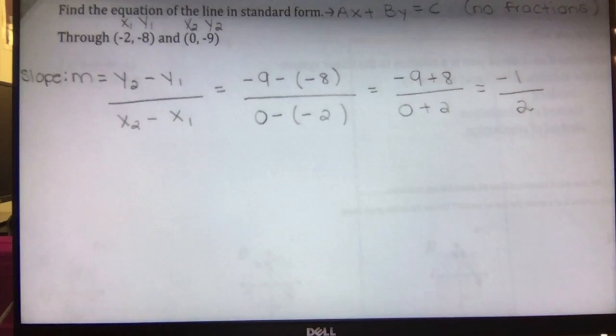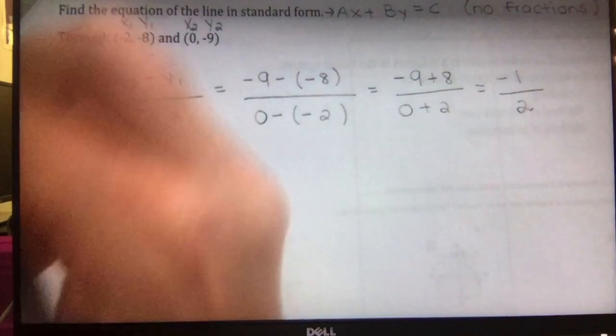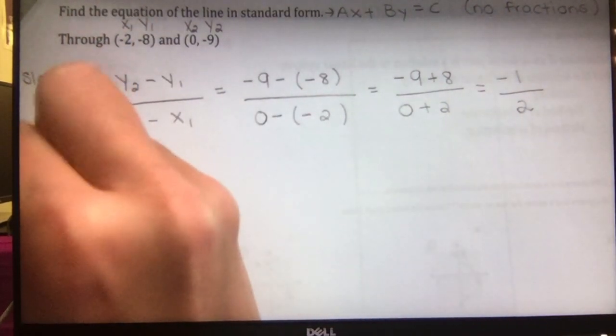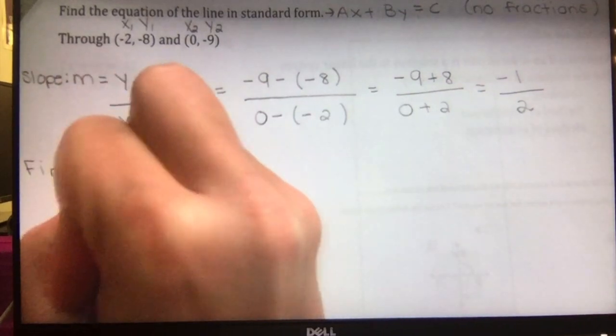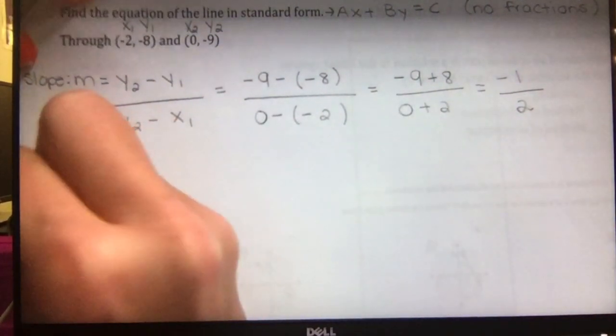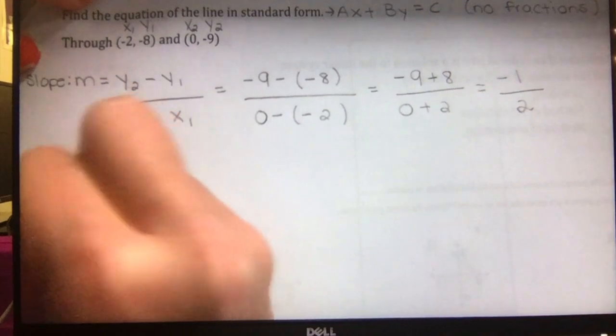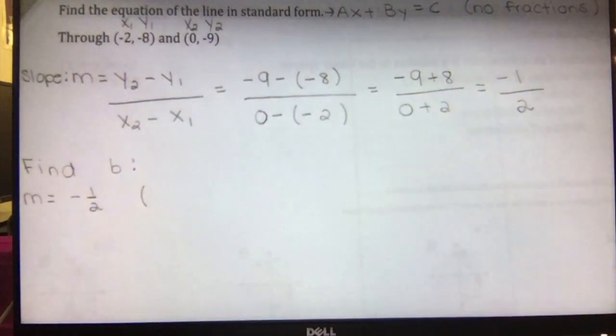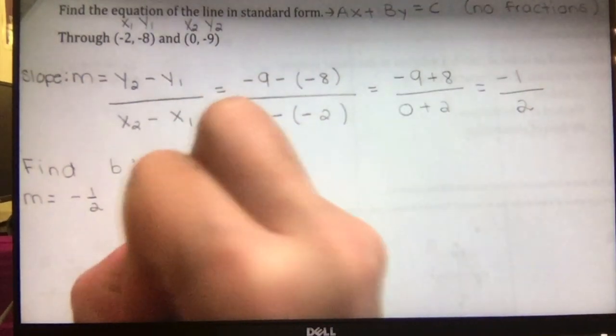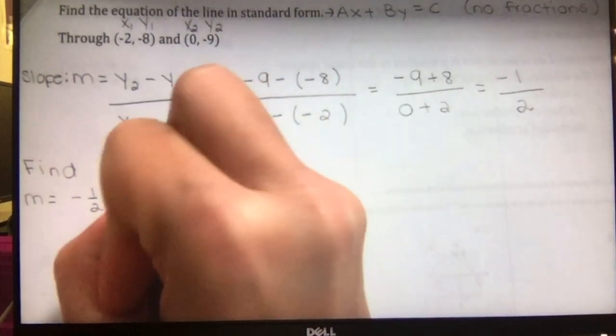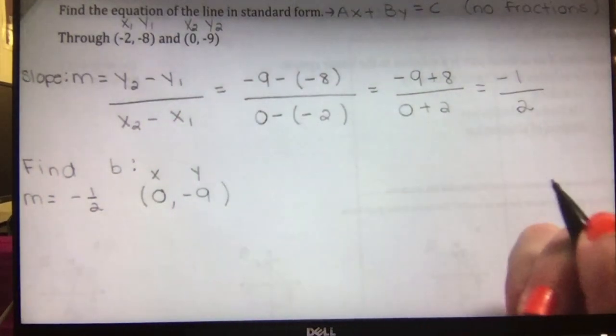So we found m, but we still need to find b. Just like on the previous problems, we can take our slope, negative 1/2, and either point. The 0, negative 9 looks a little easier, but either point works. So x is 0, y is negative 9.